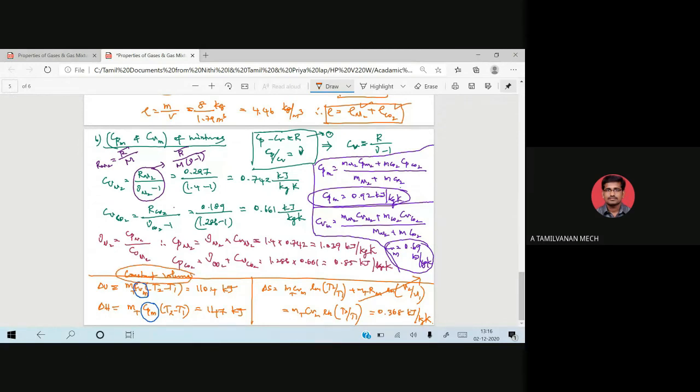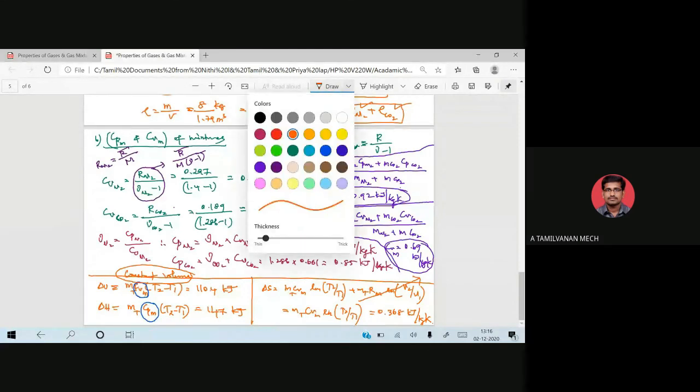Next, the same process can be repeated at a constant pressure. How can we write the equation? For a constant pressure process, delta U and delta H are the same, so both have the same formula.